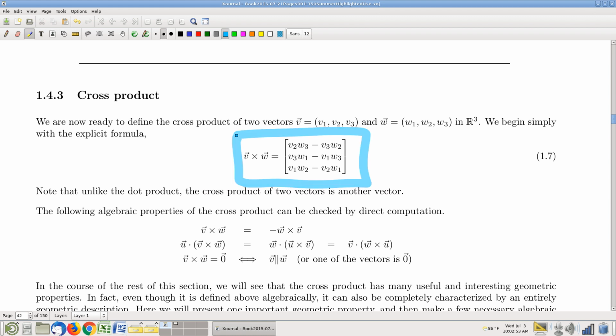At which point I now owe you satisfaction that this is somehow interesting and not just a made-up, meaningless bunch of nonsense. So I'm going to spend the rest of this section trying to satisfy you on that point. Anyway, here's the formula. Do notice one big piece of good news: the cross product of two vectors is now another vector, as you would have expected an operation on vectors to be. So that's good.